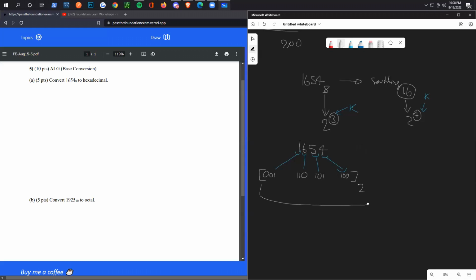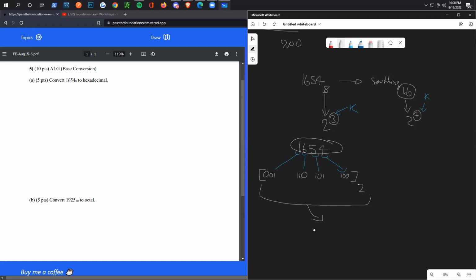Now we're going to take this expression in base 2 and group all of these values in groups of 4. Since we're trying to go from octal, which is 2 to the 3, to hexadecimal, which is 2 to the 4, we converted this number from octal to binary, and now we group them into groups of 4.